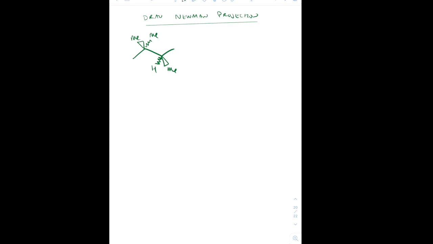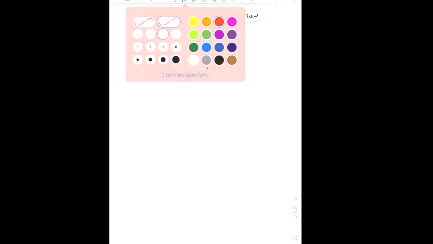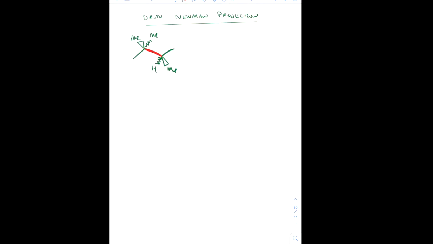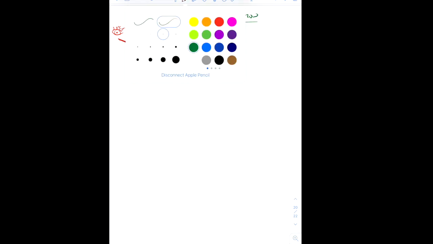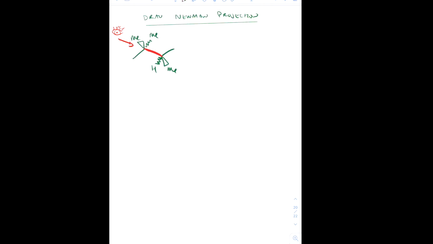What we want to do is look down this chemical bond here, coming from this point of view. I got red eyes because I've been studying so much. Now we want to make sure we're aware that this particular carbon is the front carbon. So we'll do that first, and then we'll draw our little circle.